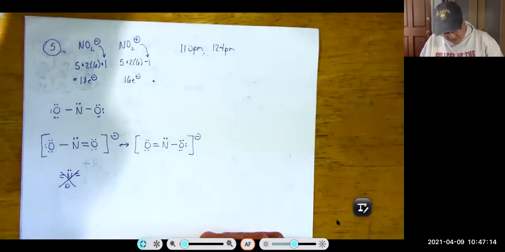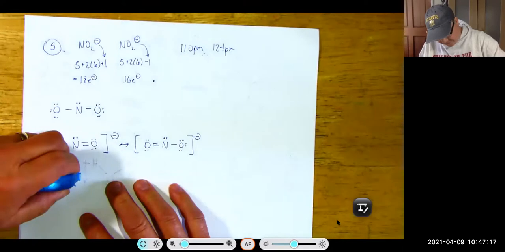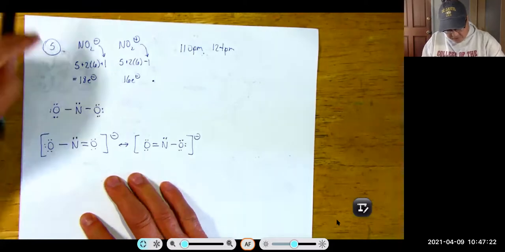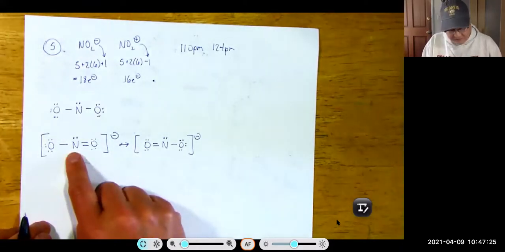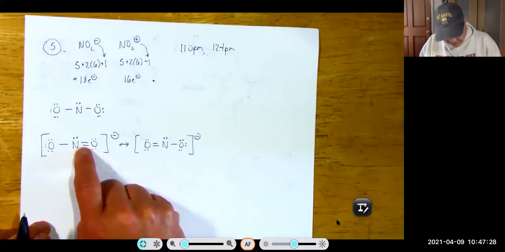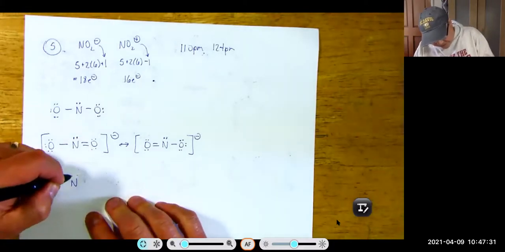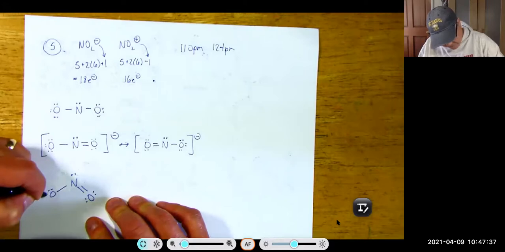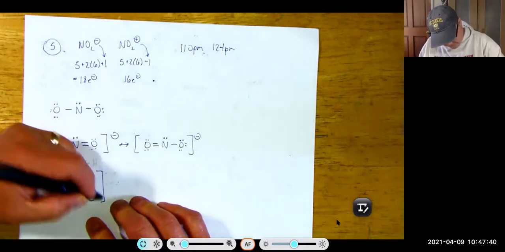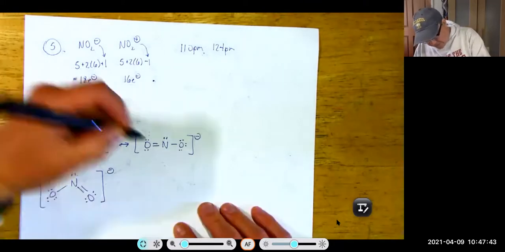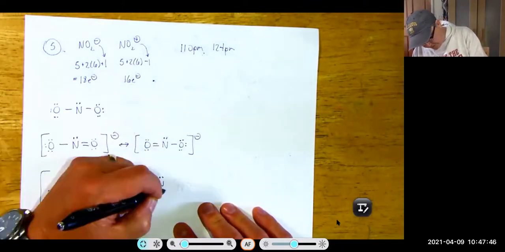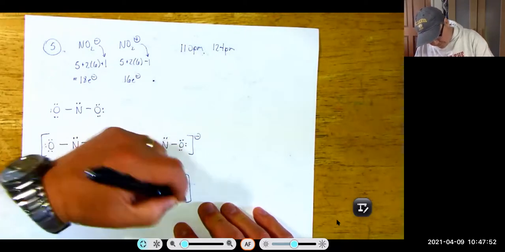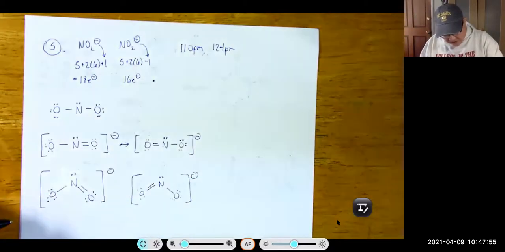Now I'm going to go ahead and white out this because I want to use that space. Okay, so how many pairs are on this nitrogen? 1, 2, 3. So I'm going to draw this guy so it looks like this. And I'm going to draw this guy so it looks like this. So we call this shape here bent.